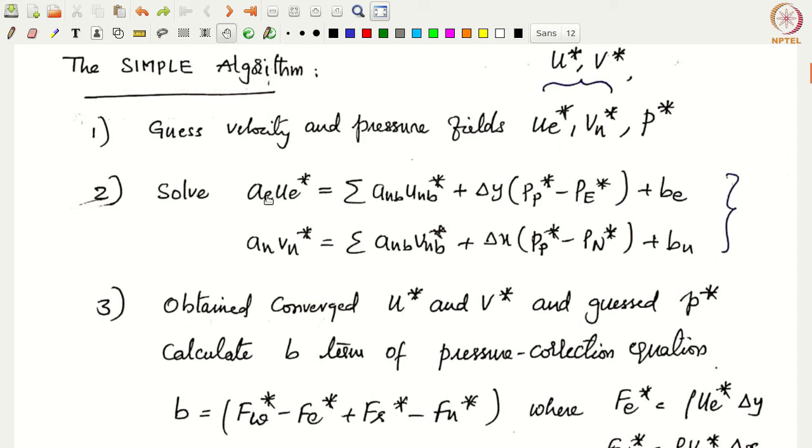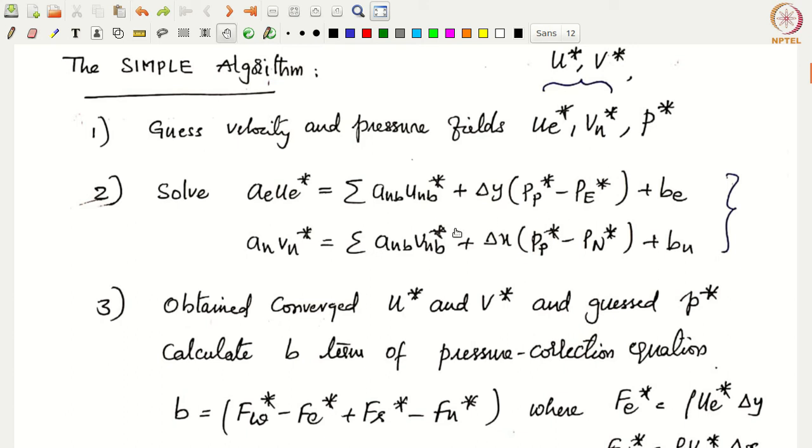We are not using a different variable for the converged value of u star, rather we are using the same notation. So once you solve this equation, the u star and v star you get from these two equations are converged by solving these two with a guessed pressure value of p star.